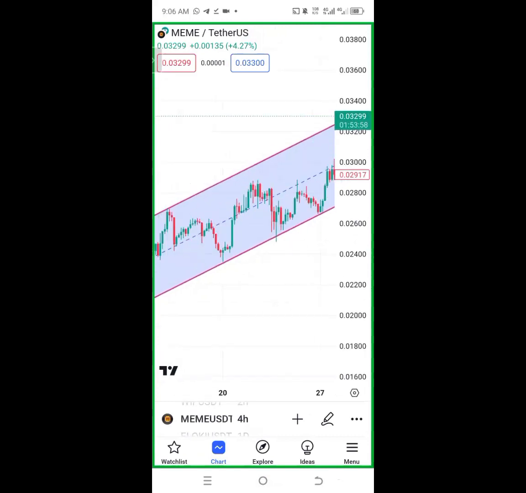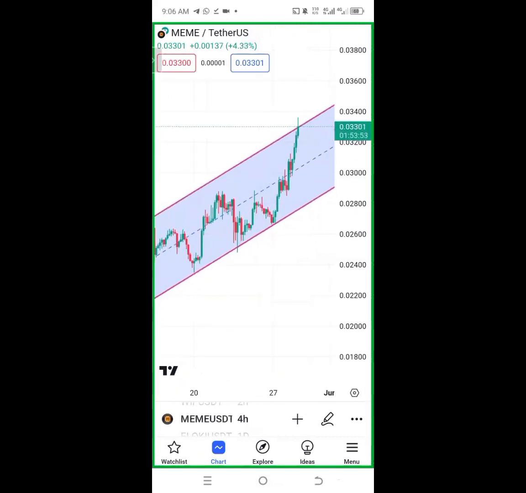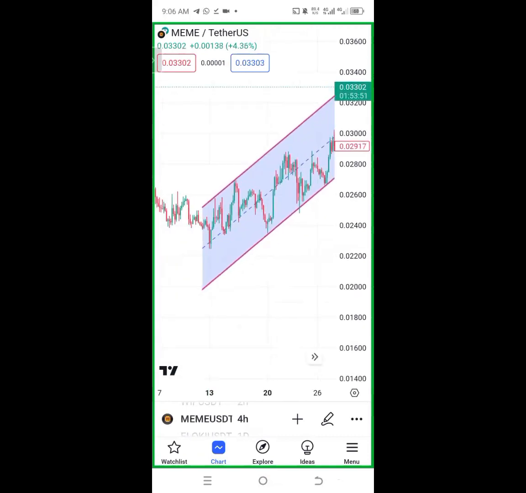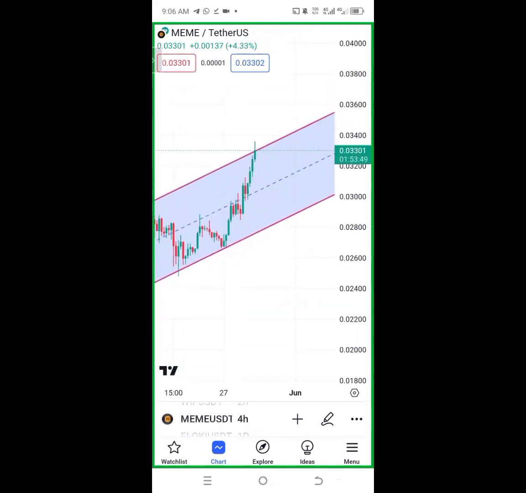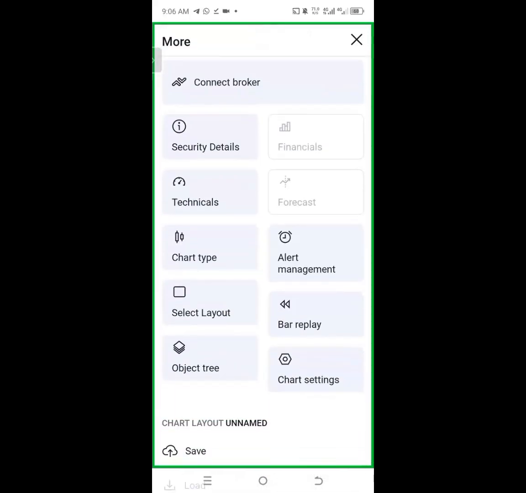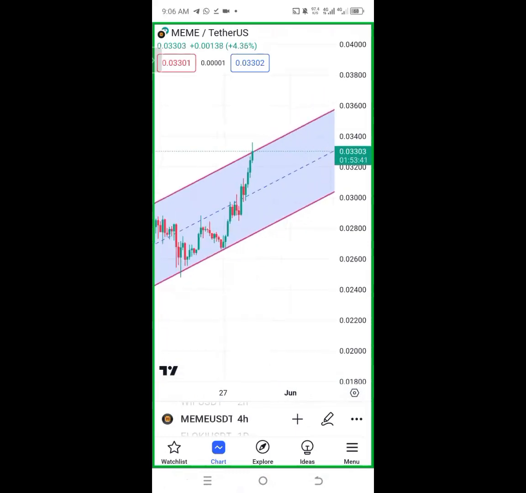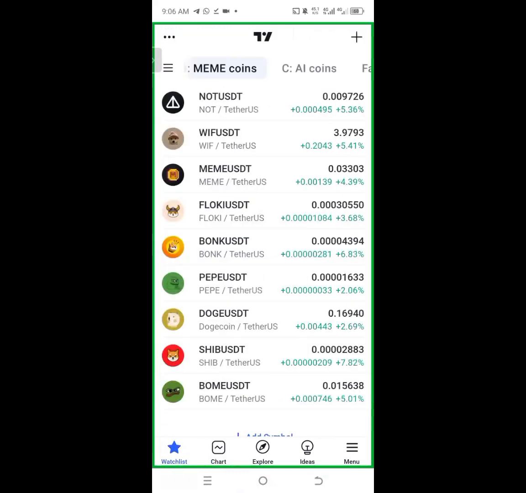Honestly, you come and check on it later and you will see what would have happened already. If you can draw this and save it on the chart, it will help you a lot. You may not be doing much now, other than just following up on how the market is faring. And when you're drawing these lines, make sure that you don't force it.